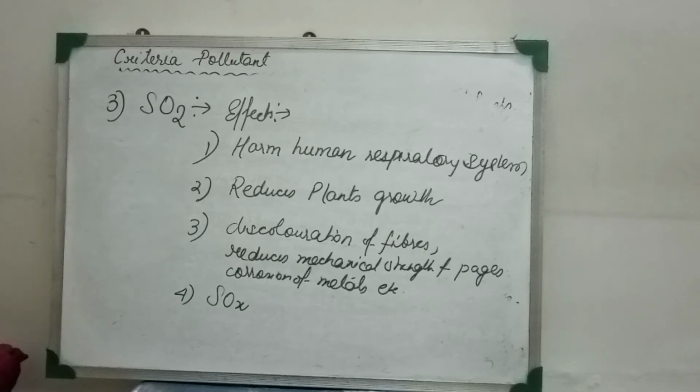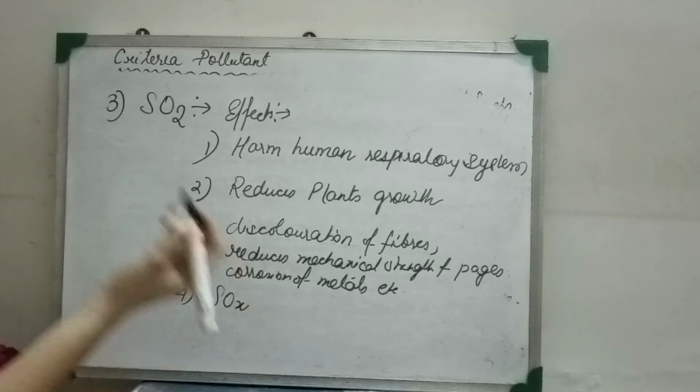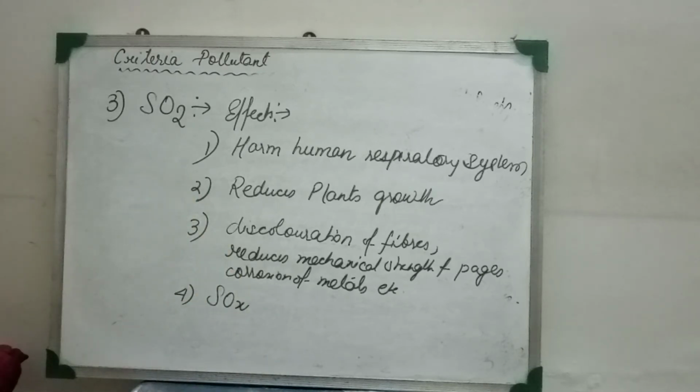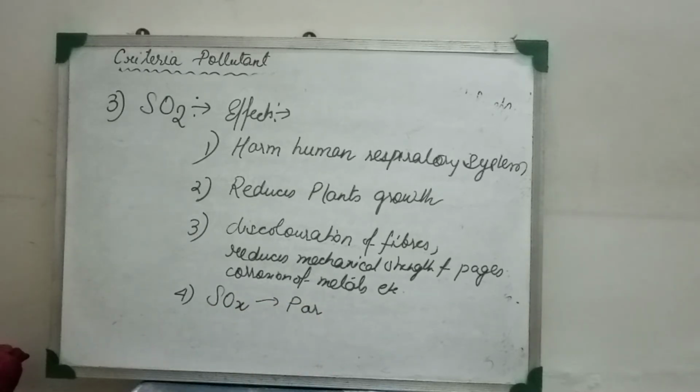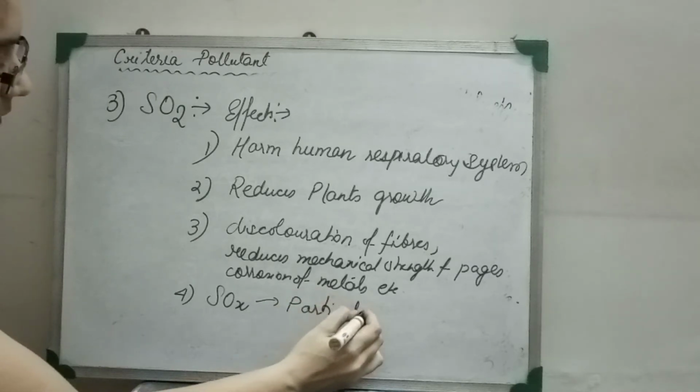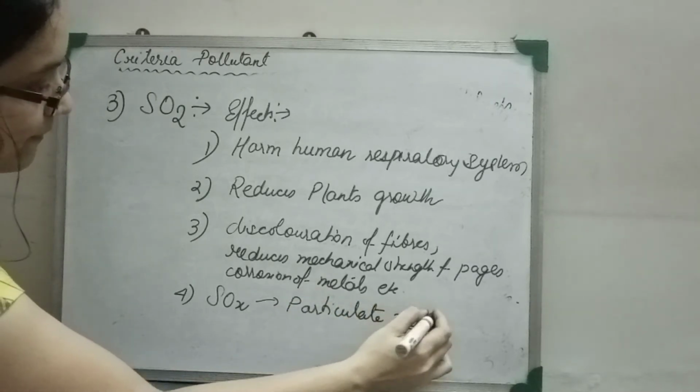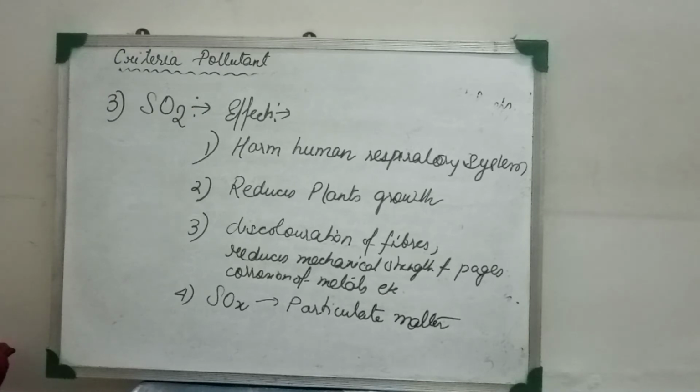And these particulate matters are very fine particles which may penetrate deeply into the lungs, and in sufficient quantity can contribute to health problems. So SOx is responsible for the formation of particulate matter, and this particulate matter has many other consequences.